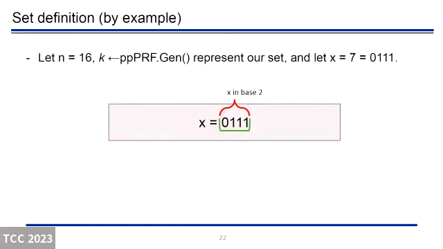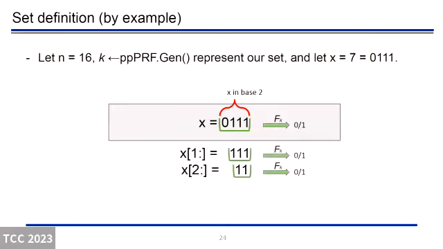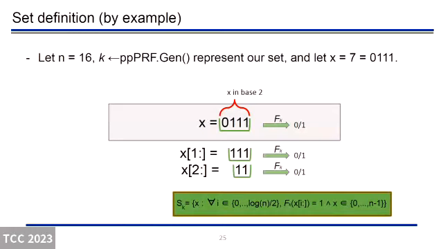If we take n equals 16 and we generate a privately punchable PRF key, let's check membership for x equals 7, which can be represented in bits as 0111. All the definition is saying is that x is in the set if we evaluate x and it evaluates to 1, and then we evaluate x without the first bit and it also evaluates to 1, and then we evaluate x without the first 2 bits and it also evaluates to 1. So this is the whole set definition with respect to the key k.